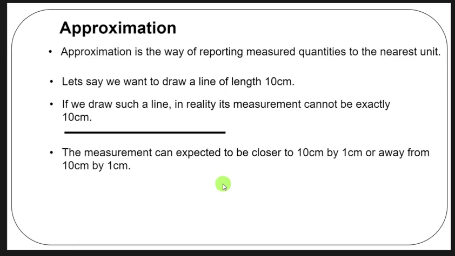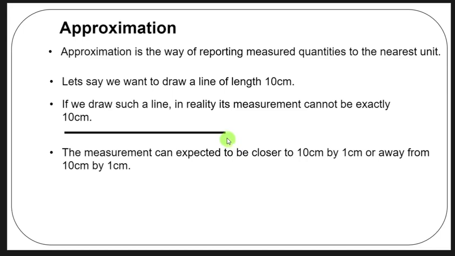Every measurement is expected to be closer or away from the actual measurement, and the number by which it is expected to differ is determined by the instrument's least unit of measurement.